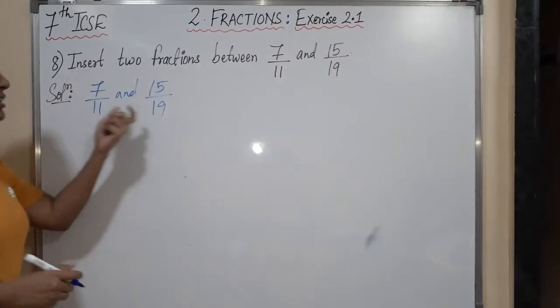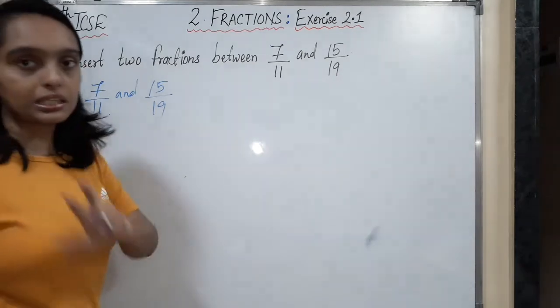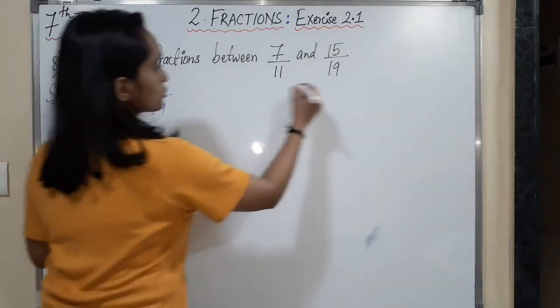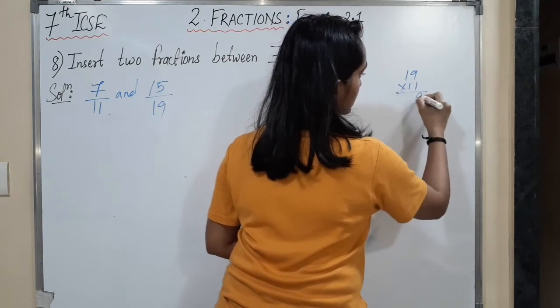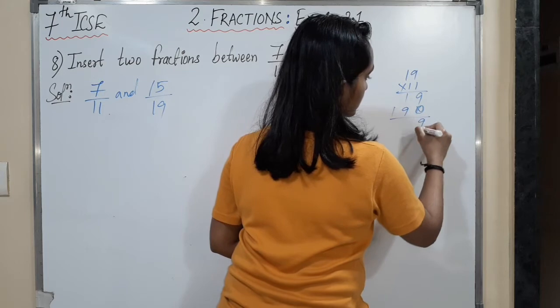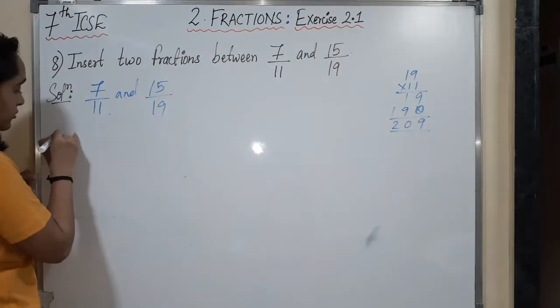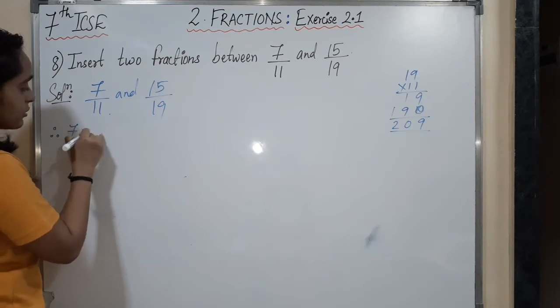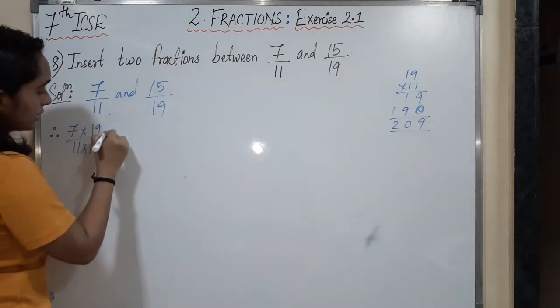So as 11 and 19 both are prime numbers, their product will be their LCM. So 19 11s is 209. Therefore 7 multiplied by 19 upon 11 multiplied by 19.